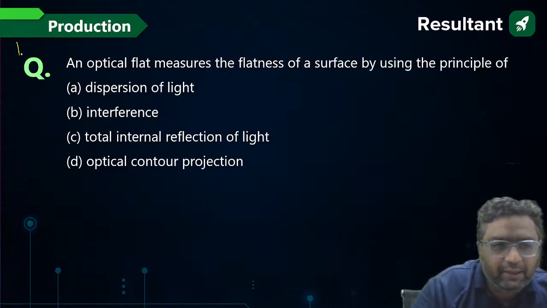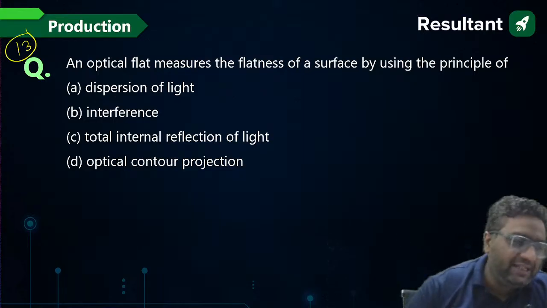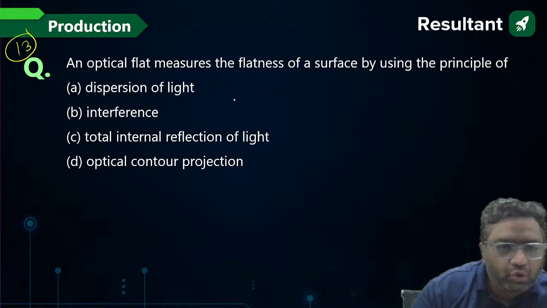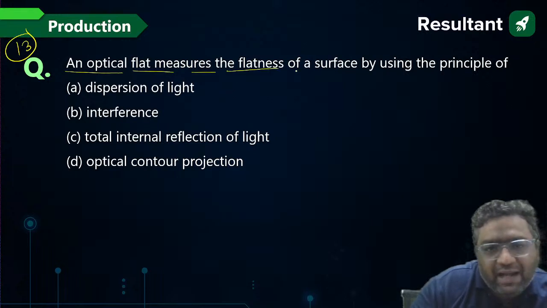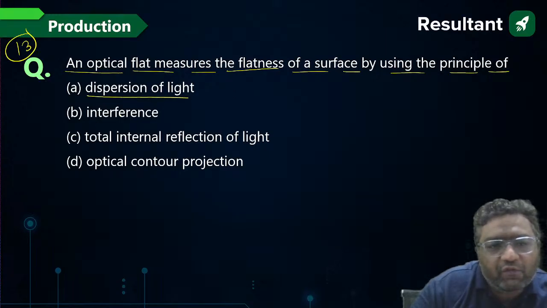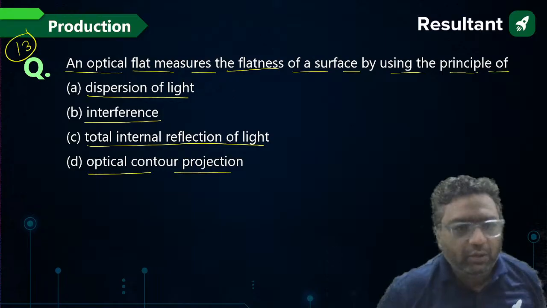Moving to question number 13. This is once again from metrology and inspection devices. ISRO do ask questions from here. An optical flat measures the flatness of a surface by using the principle of dispersion of light, interference, total internal reflection of light, or optical contour projection.